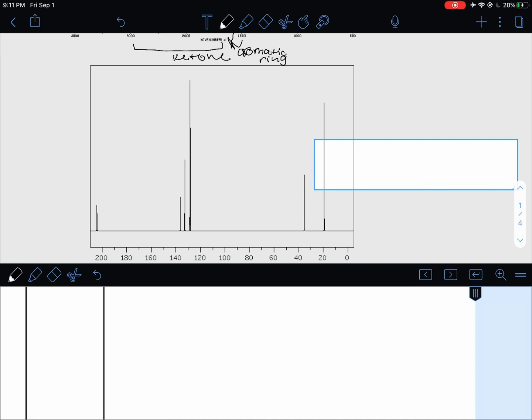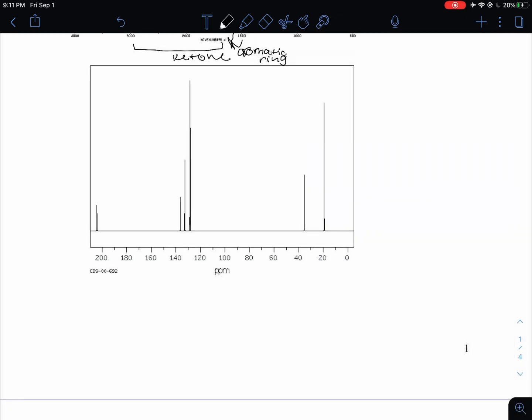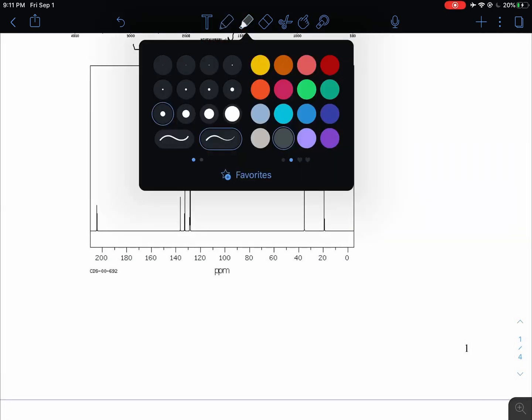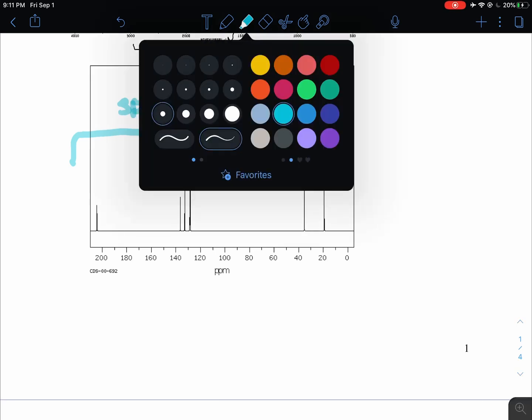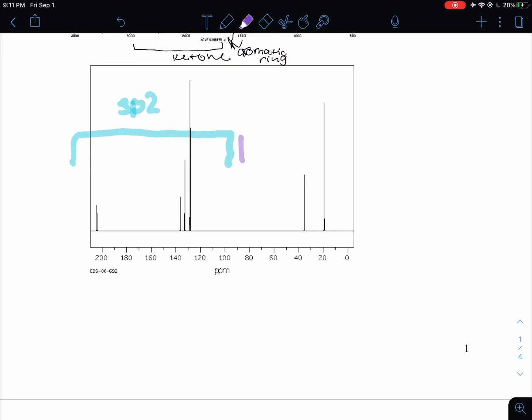The next chart that we will look at will tell us about the specific carbons on the groups. First, from 200 to 100 tells us that we have sp2 bonds. And then from 0 to 100, we have sp3 bonds.